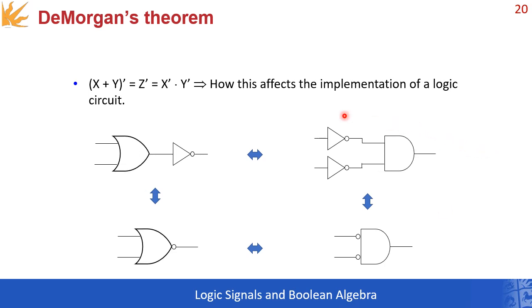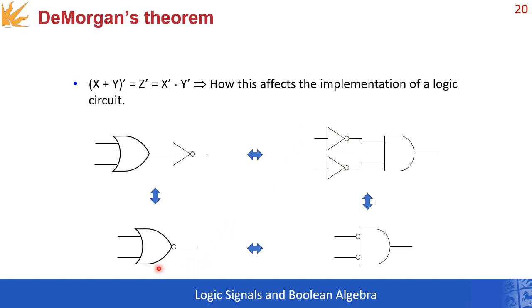And again, De Morgan's rule, only this time a little bit different. In this case, we have an expression which starts with an OR over here. If you get this OR and you invert it, the result would be an AND gate where both of its inputs have been inverted.